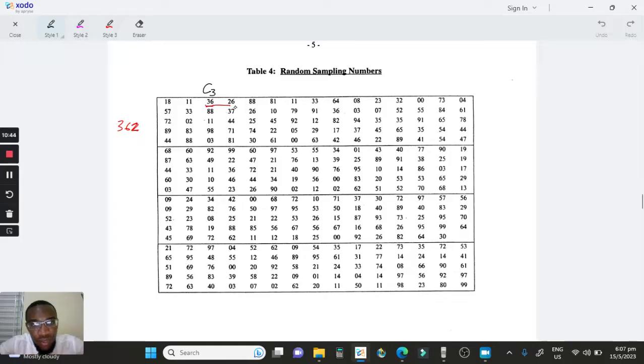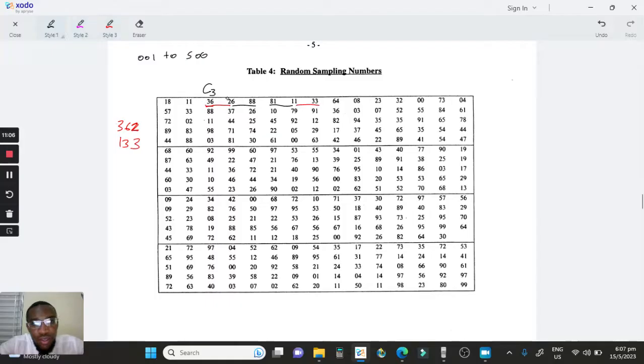After the first number, the next number, 688, can't help us, so put an X. The next number is 811. Remember, the maximum is 500, since it's from 001 to 500, so this one can't help. The next one that helps is 133.